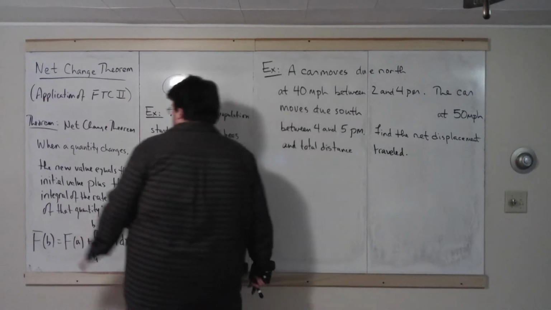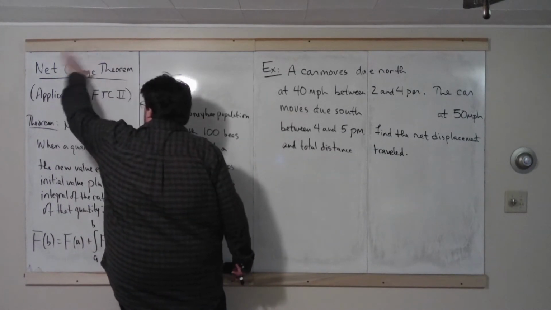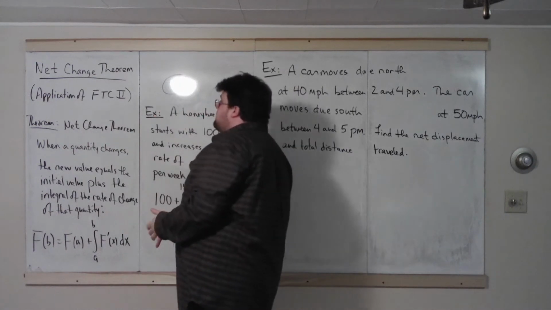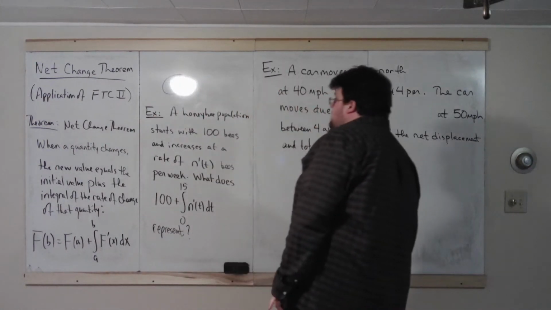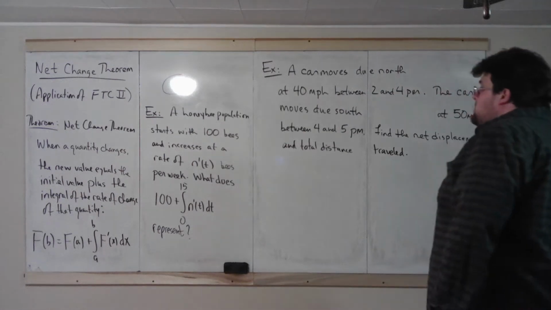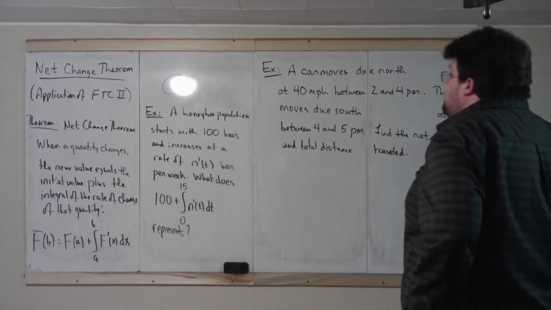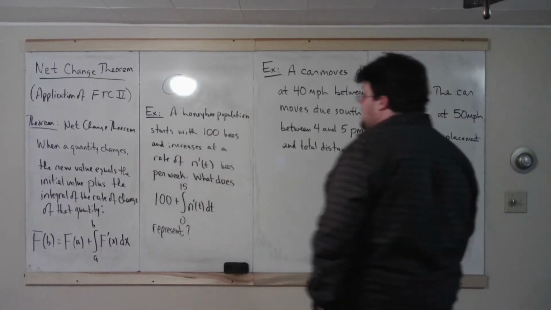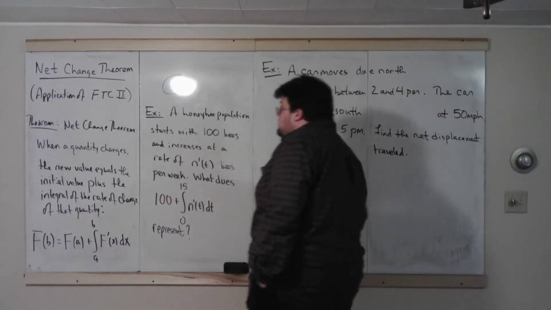Up here is the title of the topic, and here is just the statement of the net change theorem, so that's why net change theorem is written twice there. Theorem, net change theorem: When a quantity changes, the new value equals the initial value plus the integral of the rate of change of that quantity.